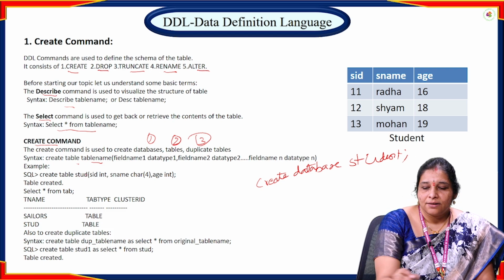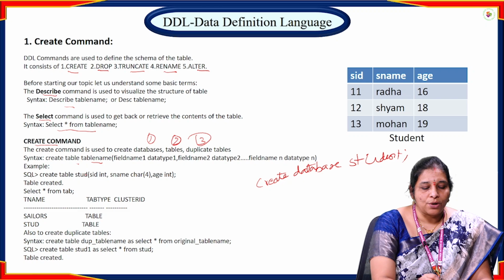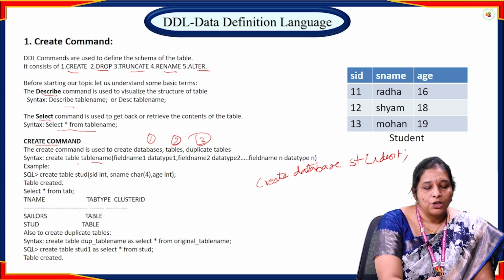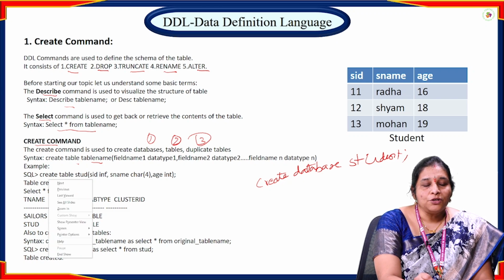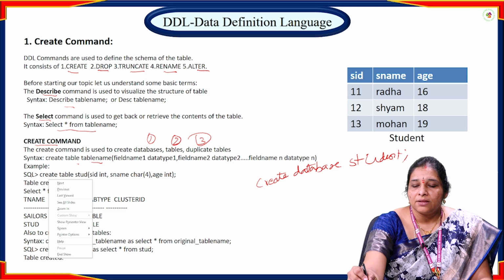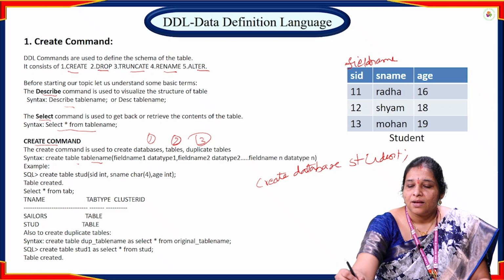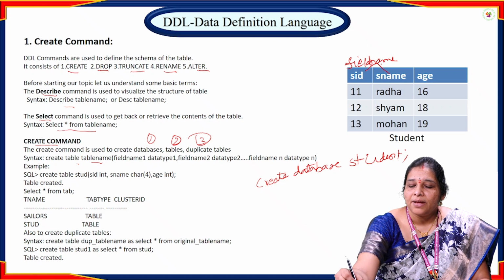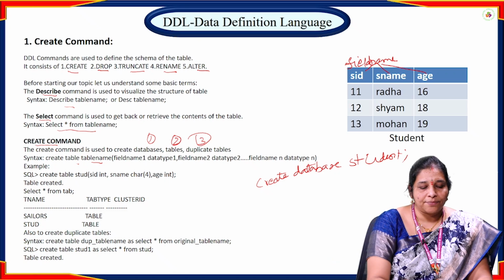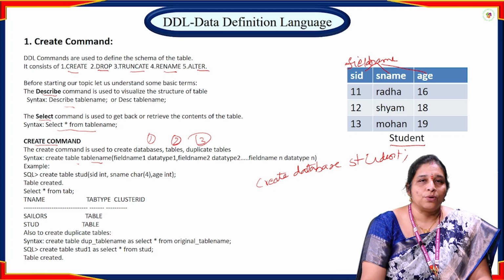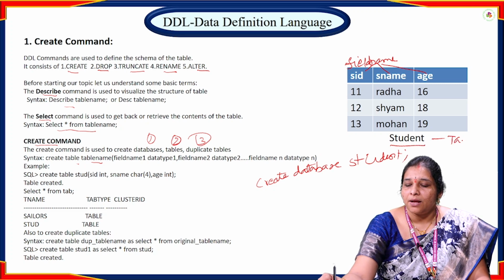Now, create. I have taken here one table, student. So, create table student. If you see, these are the field names: SID, SName, age. I have taken here 3 field names, and this is the table name.